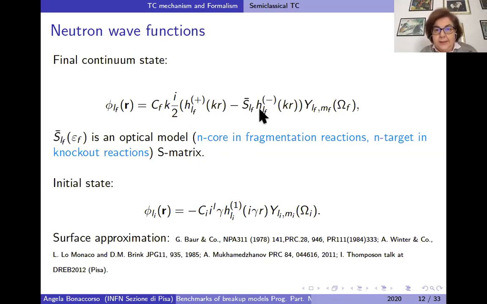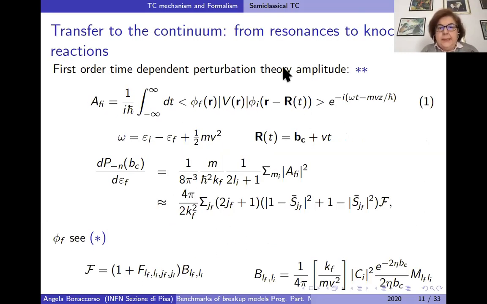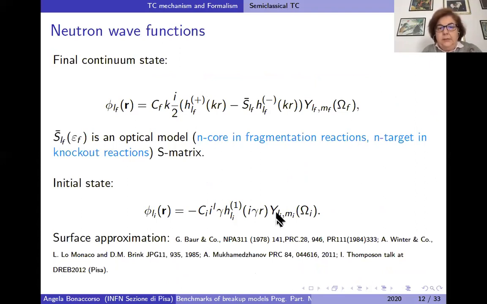We can use these wave functions because it has been shown in all these papers that this three-dimensional integral, this matrix element, can be reduced to a surface integral. On the surface, one can use the analytical forms of the wave function, in particular the asymptotic form of the initial wave function.